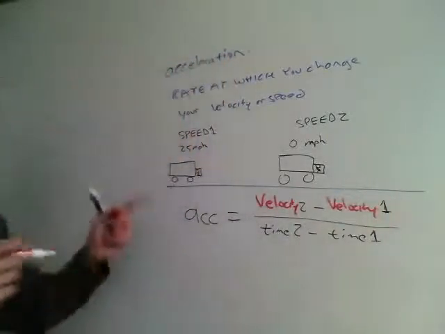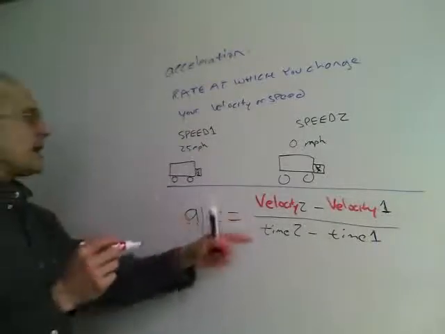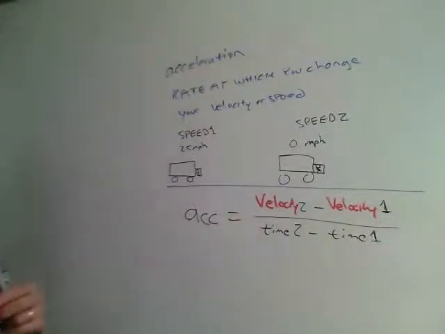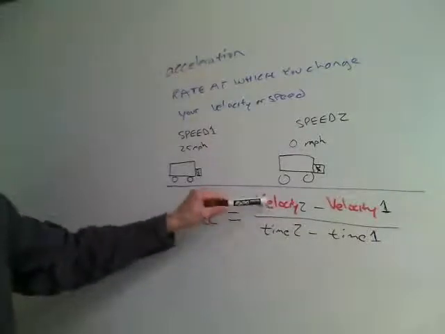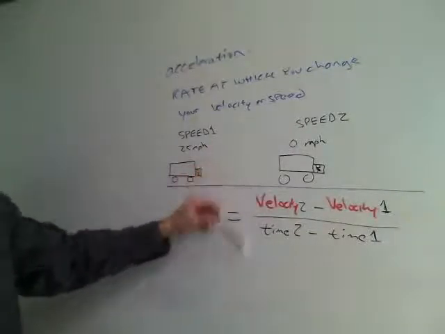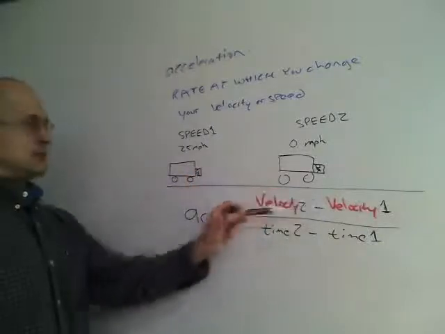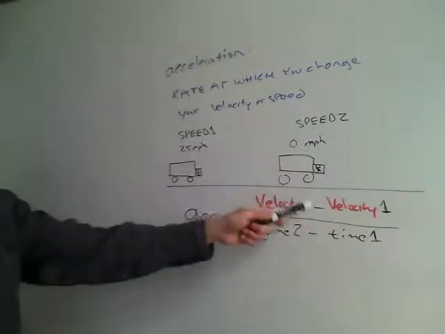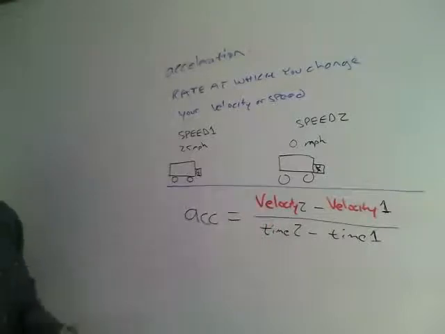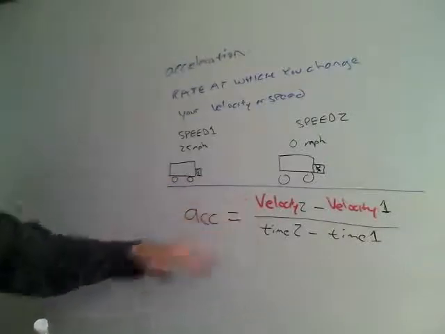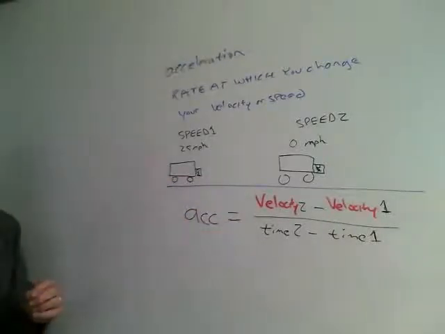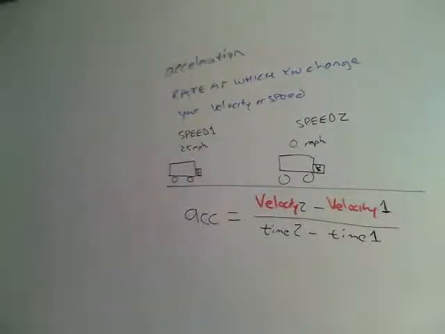And if you change velocities in time, then you have an acceleration. Because you could not only change your speed, but you could have some direction change, and in order to change the direction, you need some type of acceleration as well. So acceleration is the rate at which you change your velocity, or speed if your direction is constant.